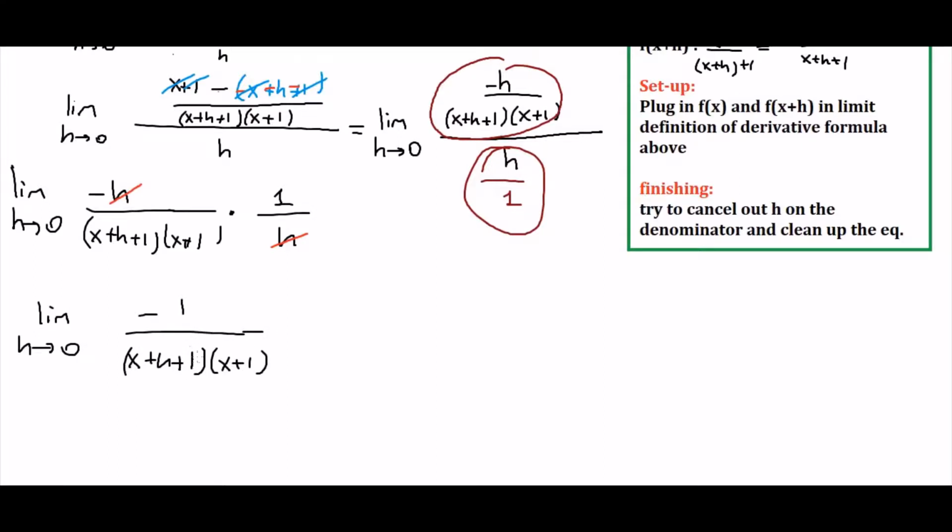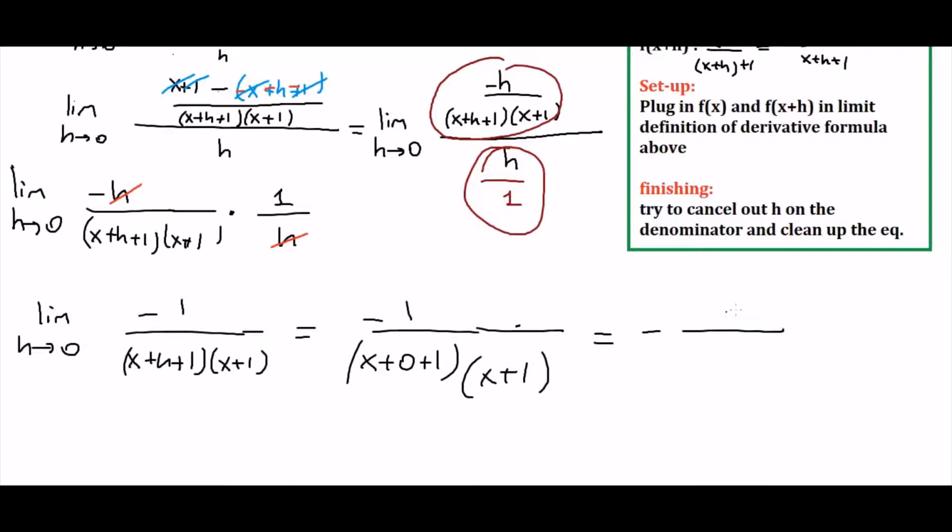We have no restriction to plug in h as 0 because we are not going to obtain division by 0. So negative 1 over (x + 0 + 1)(x + 1), which is equal to (x + 1)(x + 1), so negative 1 over (x + 1) quantity squared. So this is our derivative.